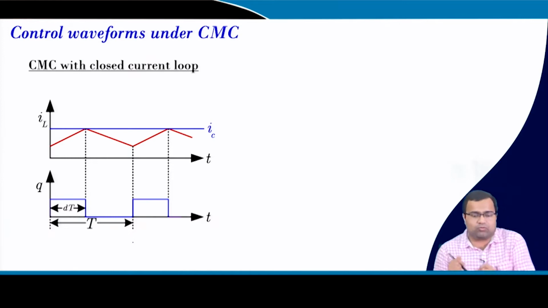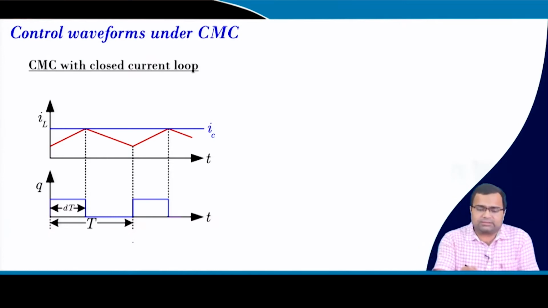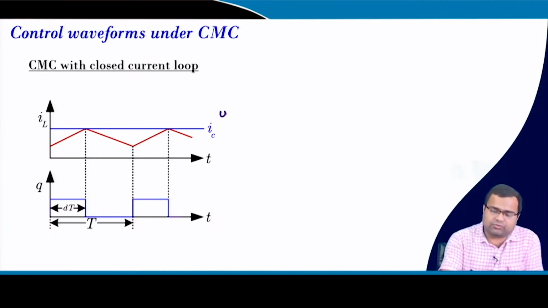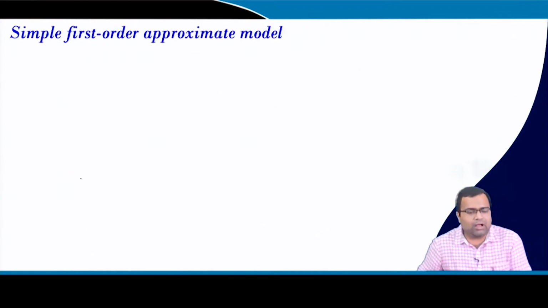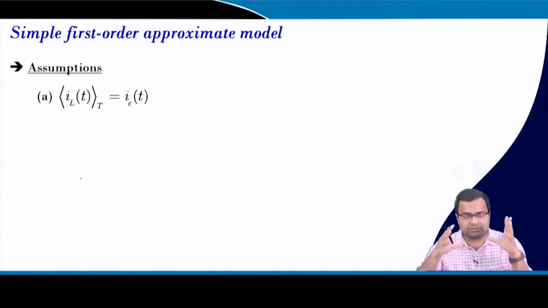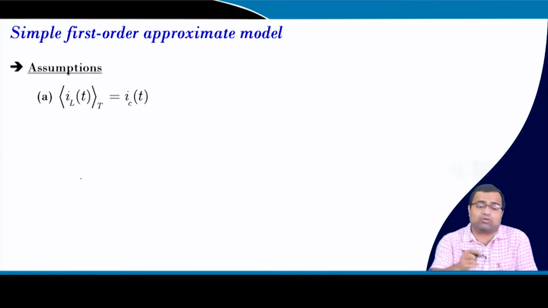Now, with closed current loop, if we draw the waveform, this is the current reference, and this is our inductor current, the red one, and this is our duty ratio. The first assumption is that the average inductor current is replaced by the control current.